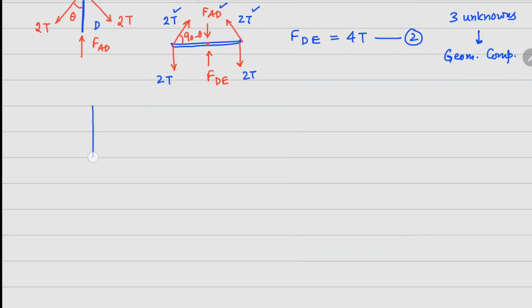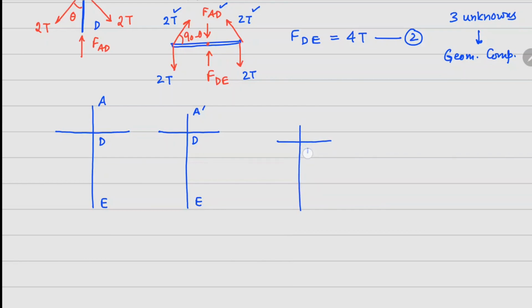Now for the deformation, let's look at this structure. Originally this structure is like this. This is A, this is D, and this one is E here. So this member AD will be slightly compressed in the beginning. So only AD is compressing right now. So this A moves to A dash, this is D, and this one is E. Now after this, if we consider the compression that's happening in member DE also, so this moves to a new place, D dash, E, and this is A double dash.